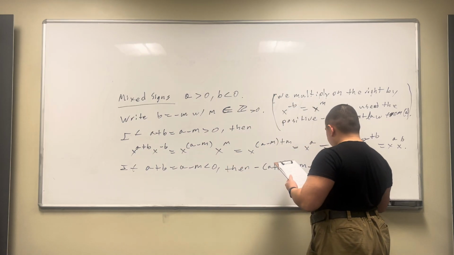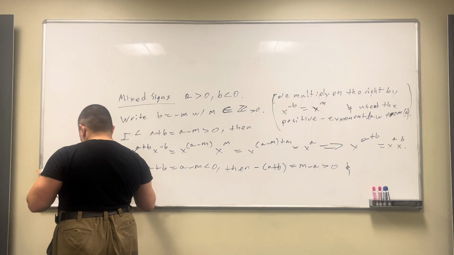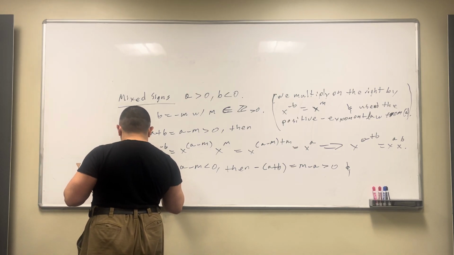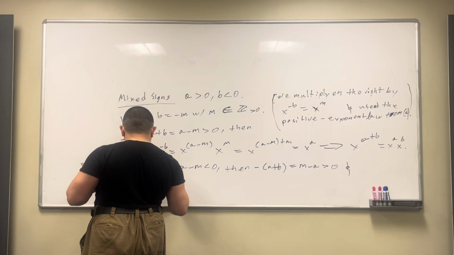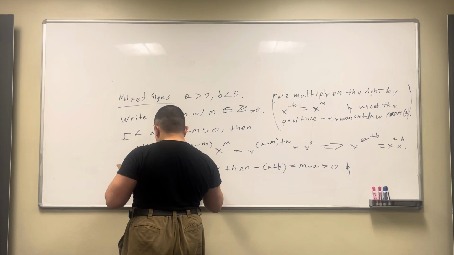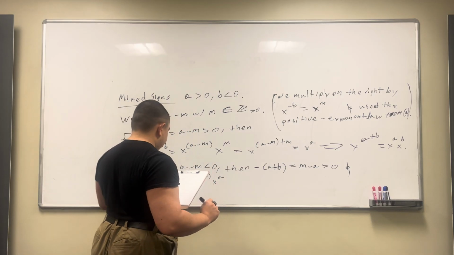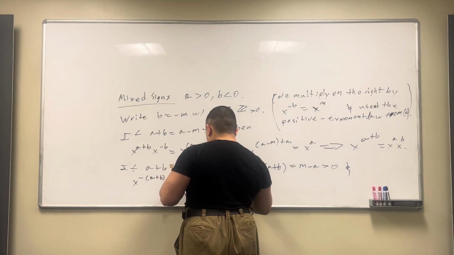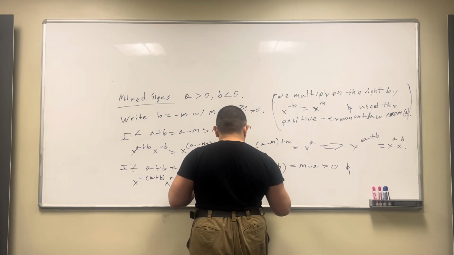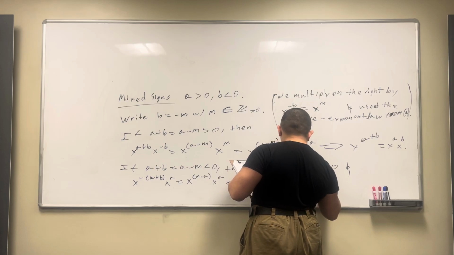And x to the power of negative (a plus b) times x to the a is equal to x to the (m minus a) times x to the a, which is equal to x to the (m minus a) plus a, which is equal to x to the m, which is equal to x to the negative b.